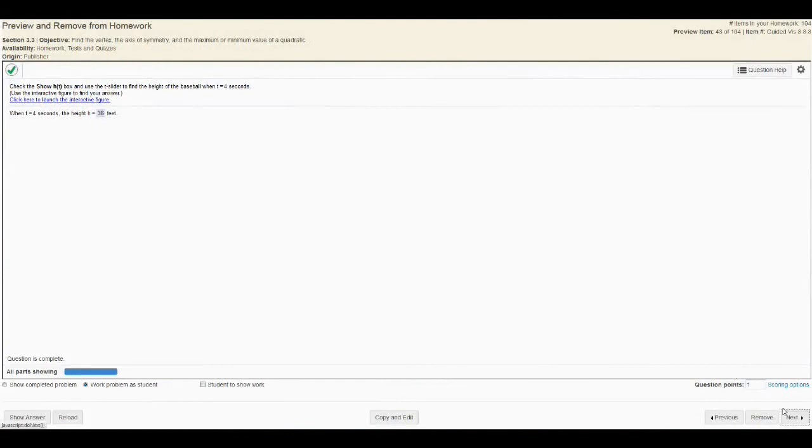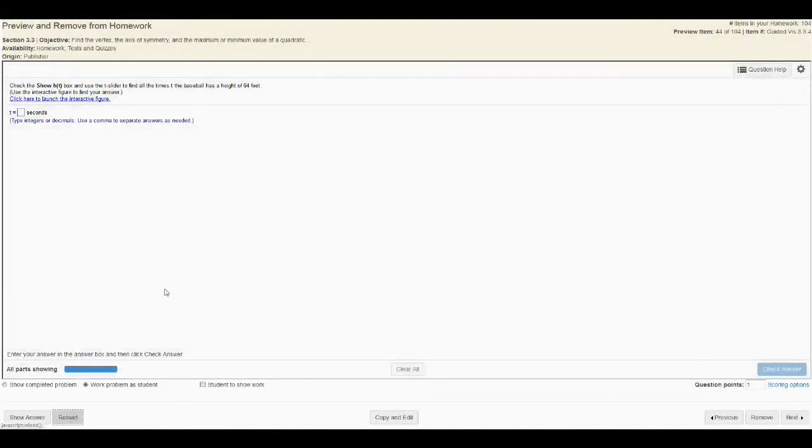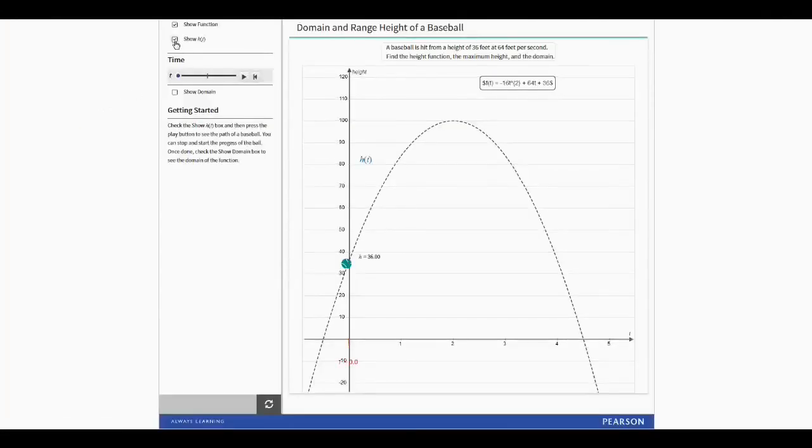And then going to go to the next one, reload. And we're going to use the T slider to find all the times T the baseball has a height of 64 feet. So we're looking for the H this time. H is 64. Click there. So look, here's 64, so it's going to be about there and there. And let's see if we can find those values.